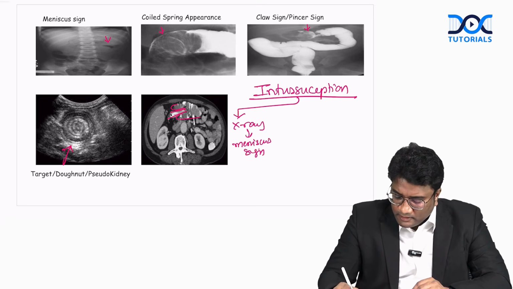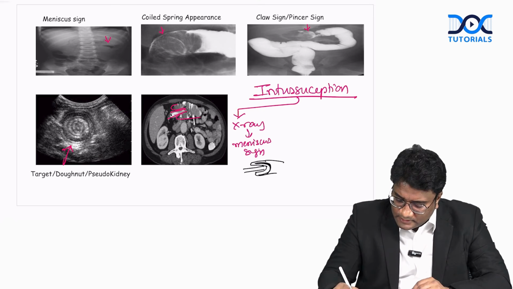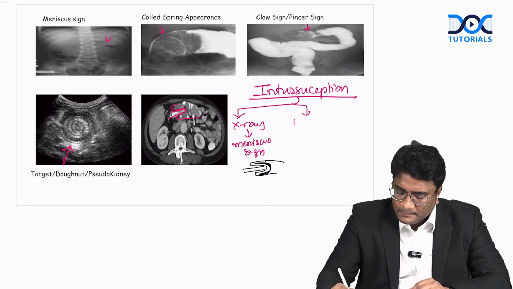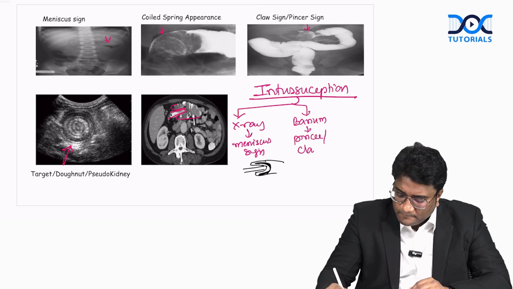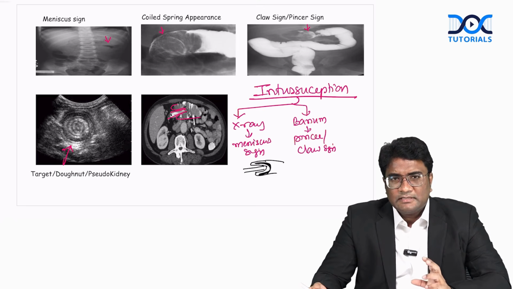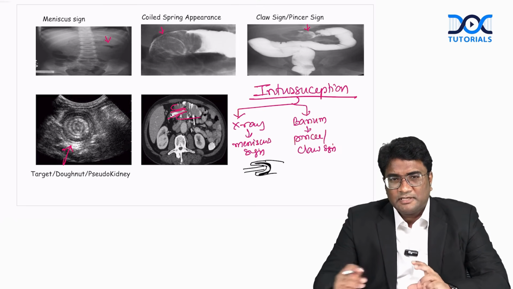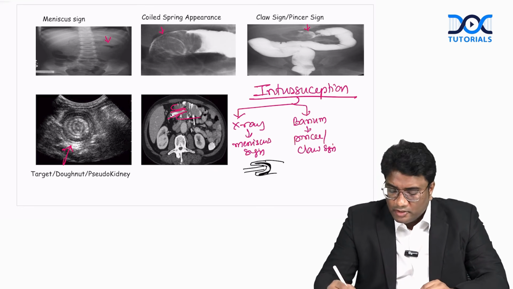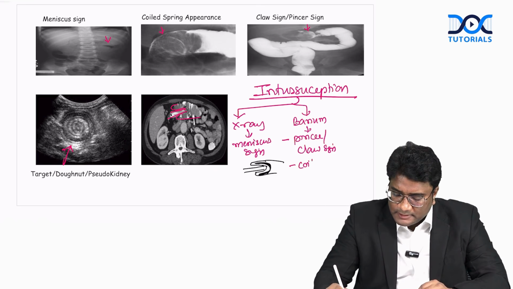So, when one bubble has gone into another bubble, you see the area of air, and this appears like a meniscus. The same thing on a barium study appears like a pincer or claw sign. And when this intussusception is reducible, when you are able to have the column of barium going between the bowel loops, you get what is called the coiled spring sign.